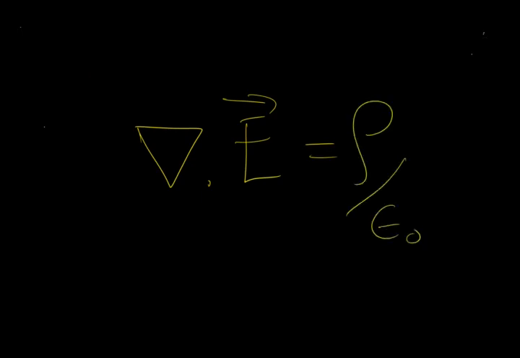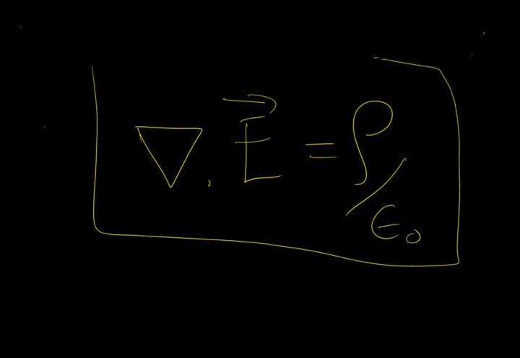Divergence of E is equal to rho by epsilon naught. You remember this one. Since the derivative has come, this is the differential form.